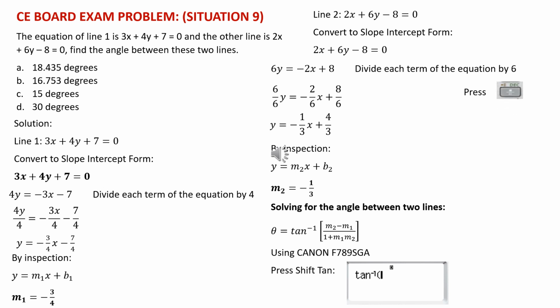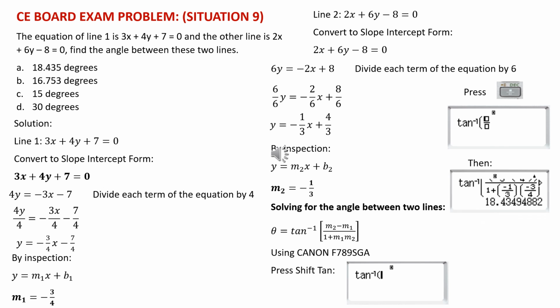But of course, we have to press the fraction symbol after pressing the inverse tangent. Well, but of course, we have to calculate now using our Canon F789 SGA calculator.